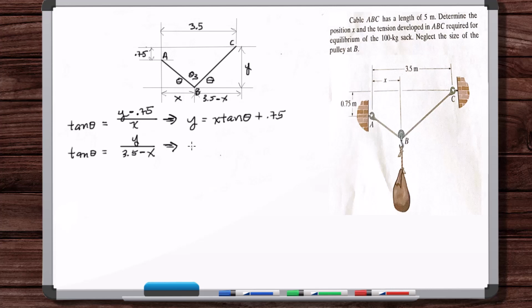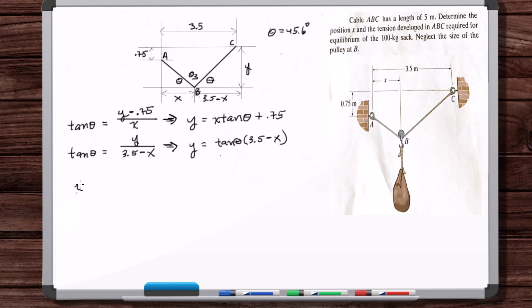And then this is y is equal to tangent theta times (3.5 minus x). So if we set these equal to each other and then substitute in our theta, which is 45.6, then we can solve for x.